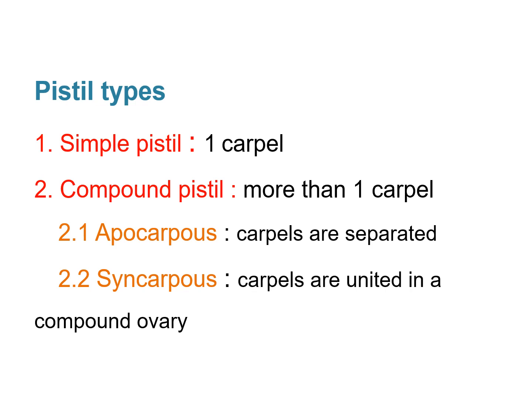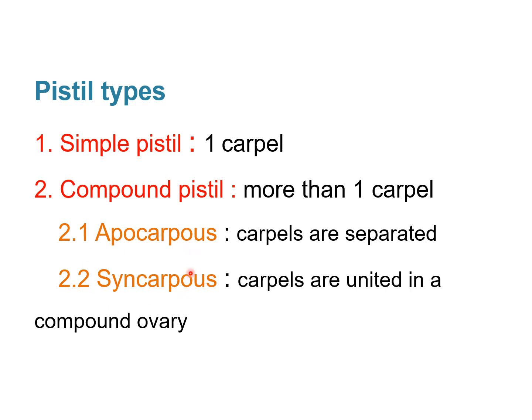The compound pistil can also be divided into apocarpous and syncarpous. If the carpels in the same flower are separated, and they don't fuse with each other, we call it apocarpous.